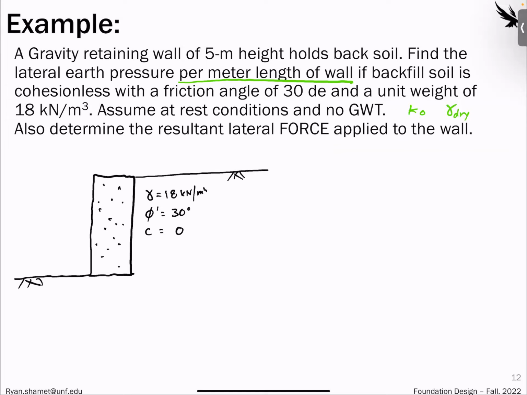We aren't given a K0 value, so we need to find K0. This is where you would look through correlations. There are tests that can find K0, so sometimes you can find it yourself. But for this, we'll just use our good buddy Jaky.